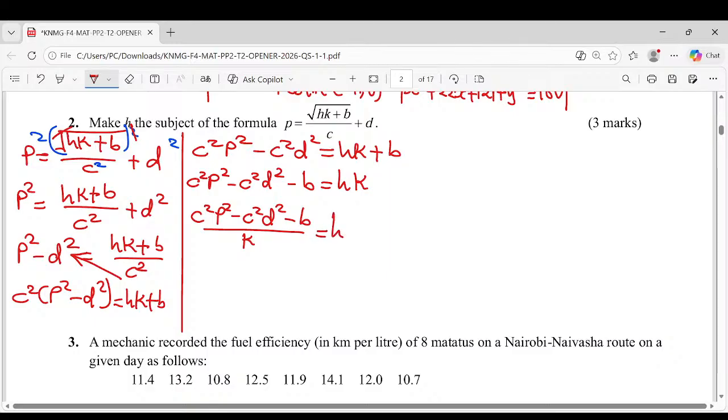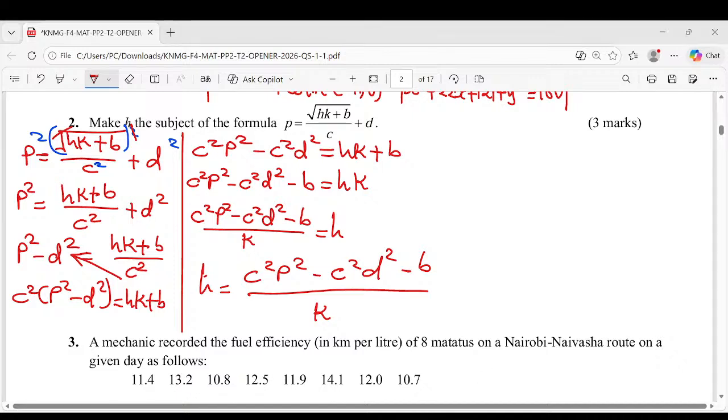So your h will now be c squared p squared minus c squared d squared minus b, all of this being divided by k. That is how you solve that particular question, by making h the subject of the formula.